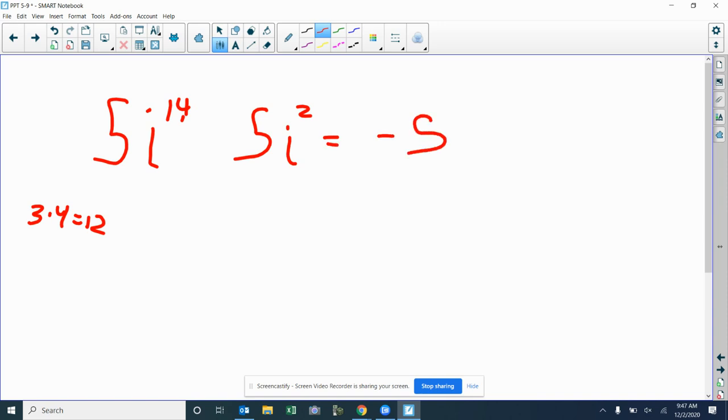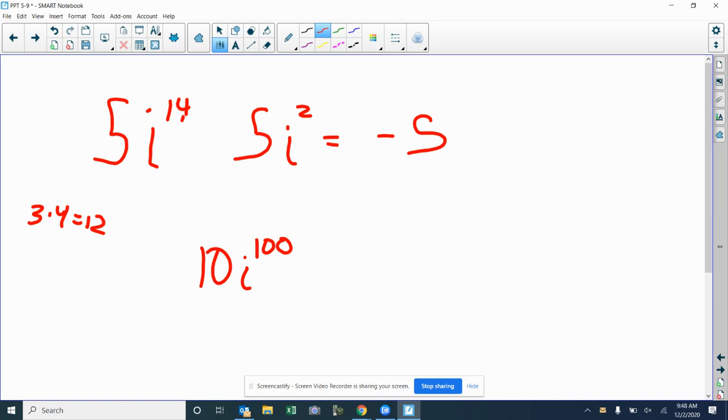Let's go with 10i to the 100th power. So you have to figure out what i to the 100th is. Now, listen, folks, if the exponent is an even number, it's either going to be -1 or +1.